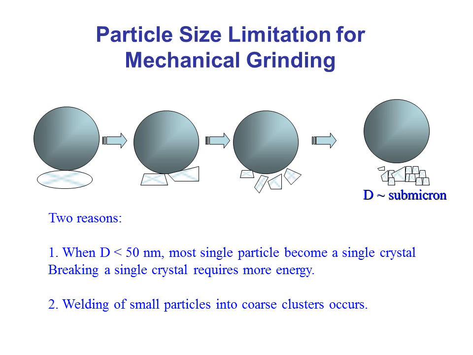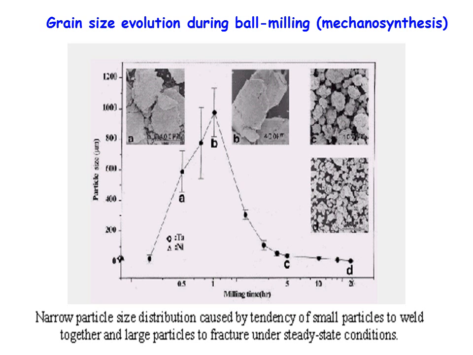One is, as we have said, welding of small particles into clusters, so this phenomenon of coalescence. But also when we reduce the size of the crystallites below 50 nanometers, we will have mostly single crystalline particles, which are more difficult to break in general because there are no interfaces.